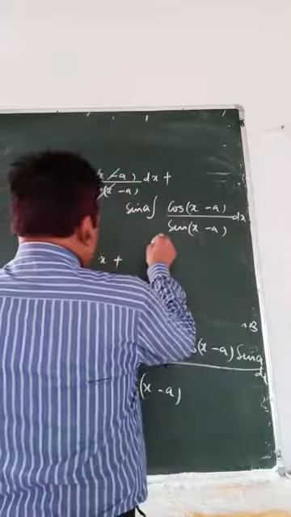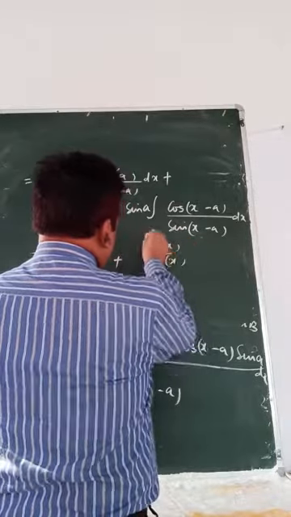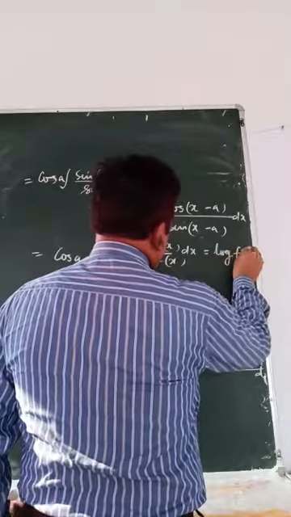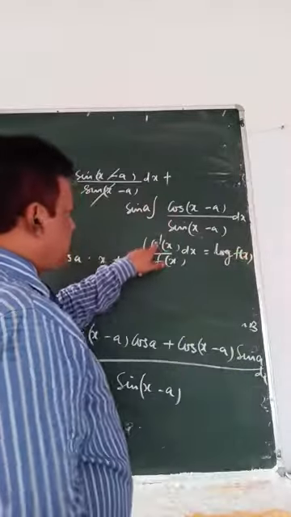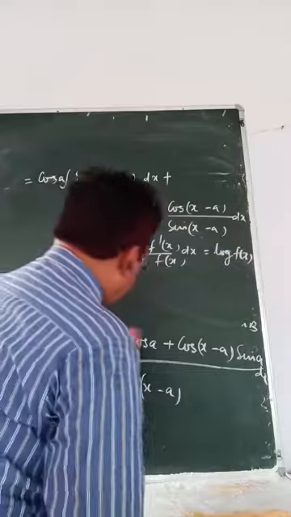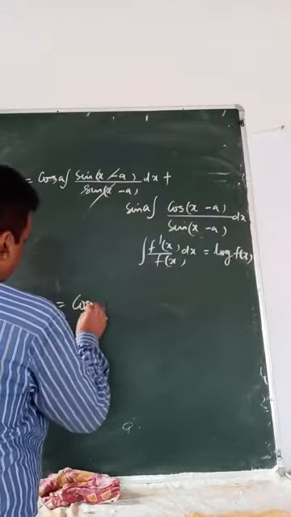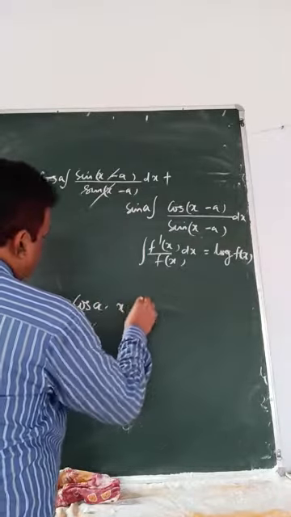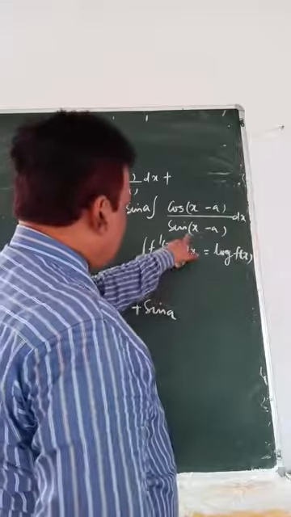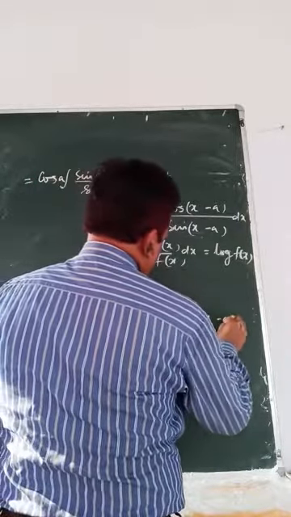This is f dash x by fx, so log fx, because its derivative is this, log of the denominator. So this part is cos a into x, this part is sin a into the log of x minus a.